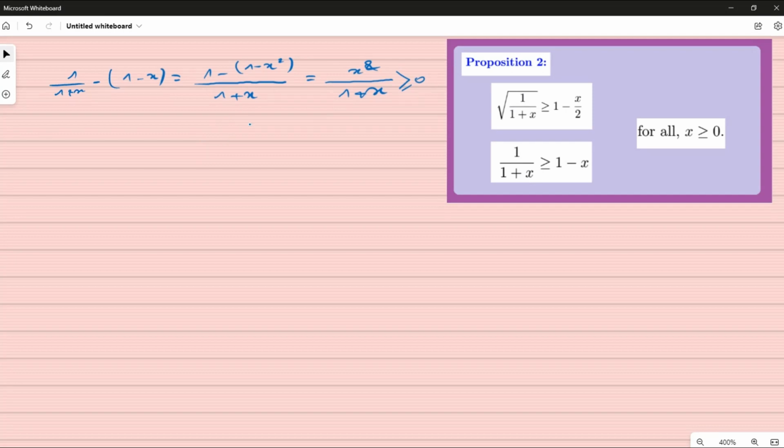For the first, as I say, we have to use the mean value theorem. We apply it to the function g of x. We have the derivative of g. The first derivative is this.